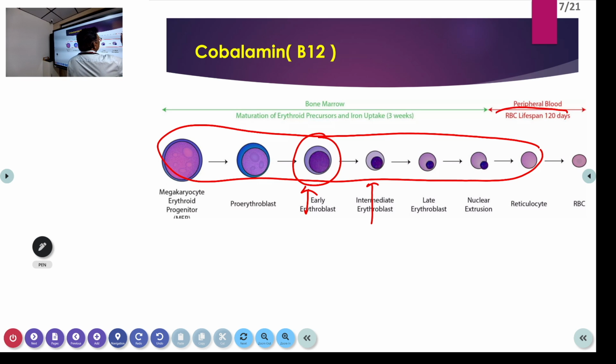Normally the RBC will stay for up to 120 days in our circulation. But if there is rapid destruction in the periphery also, you can get larger cells. There is continuous, increased peripheral destruction, and before the RBCs are matured, they are released into circulation. There also you can get it. But here we are talking about something which can produce arrest in the process.